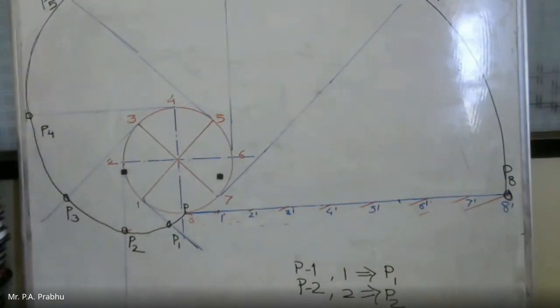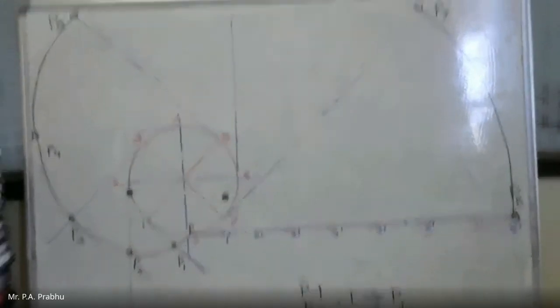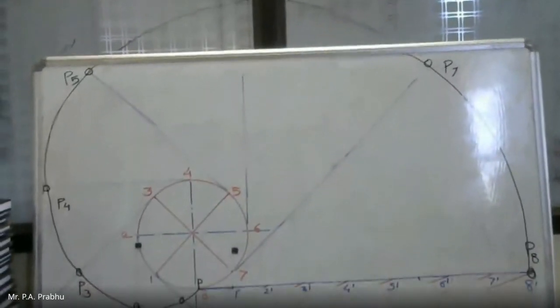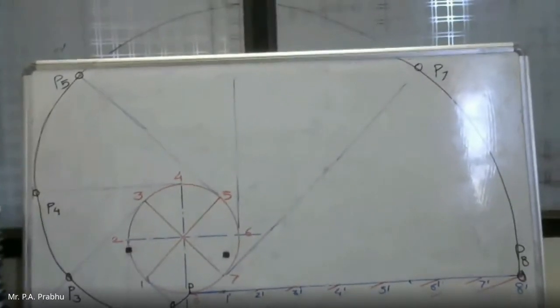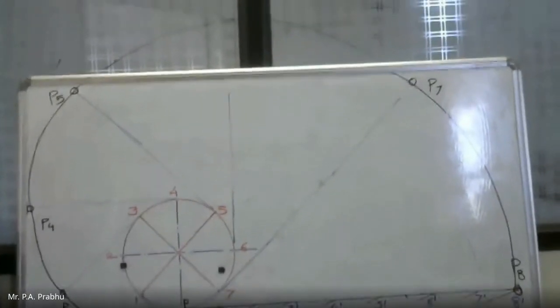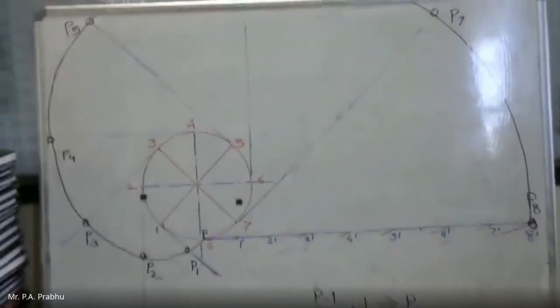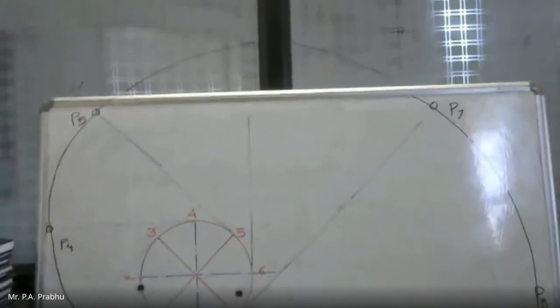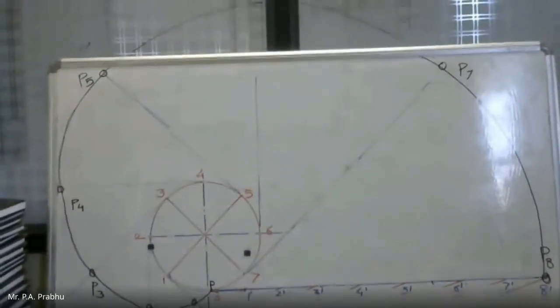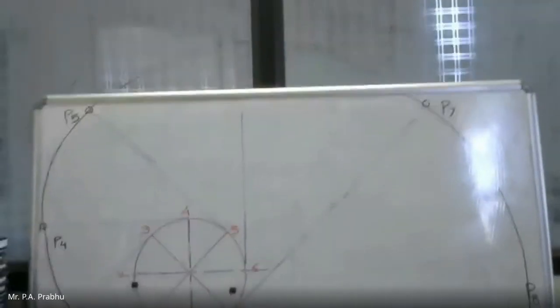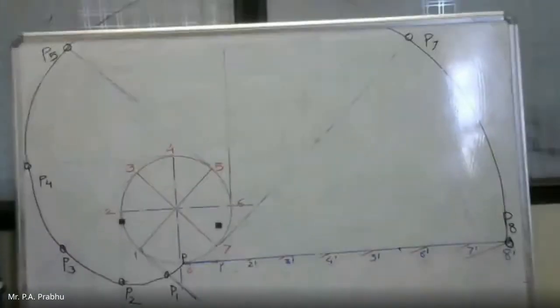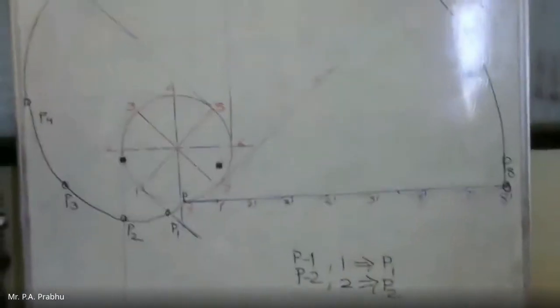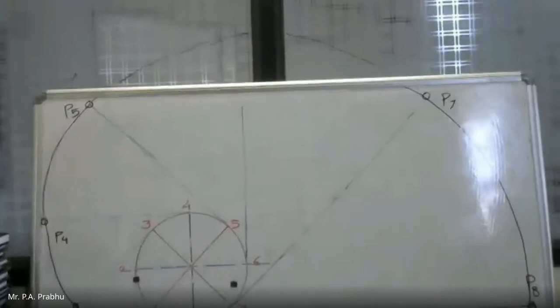So now you can see here. I will adjust camera. So see here. So this is the involute of the curve. Some part is outside your board. So for this reason, you have to take a larger drawing sheet.